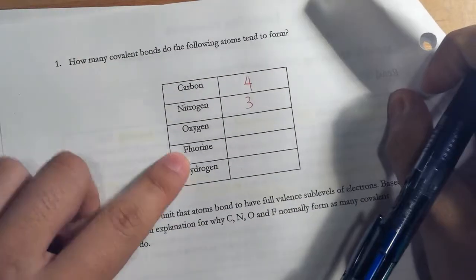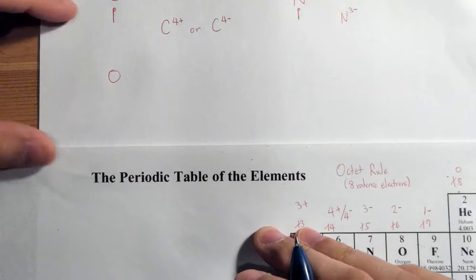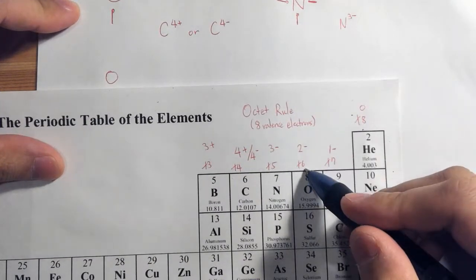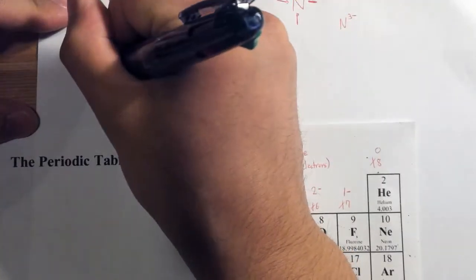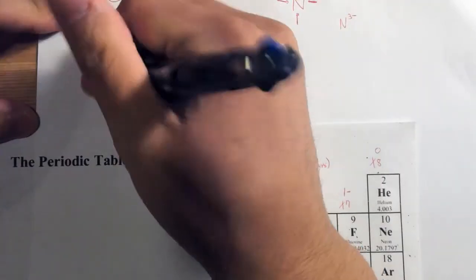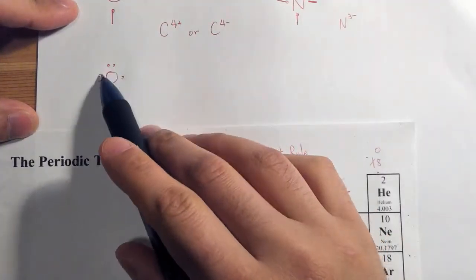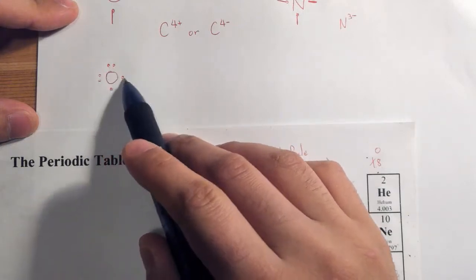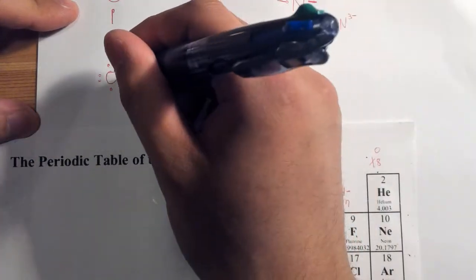Next is oxygen. So for oxygen, I'm going to put an O here. How many valence electrons are there for oxygen? If we look back, there are 6 valence electrons. So I'm going to put 1, 2, 3, 4, 5, and 6. So we see 2 shared electrons and 2 single electrons. If there's a single, they need a couple.